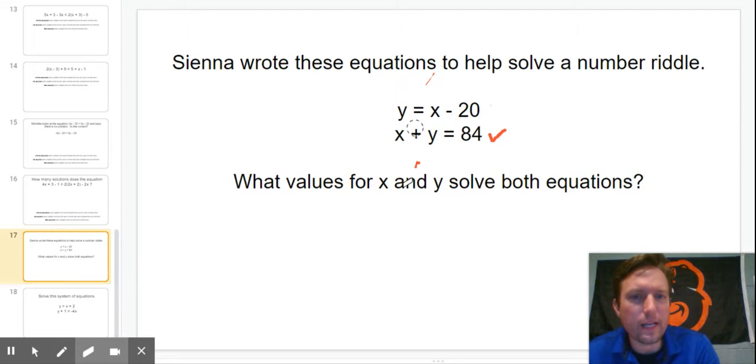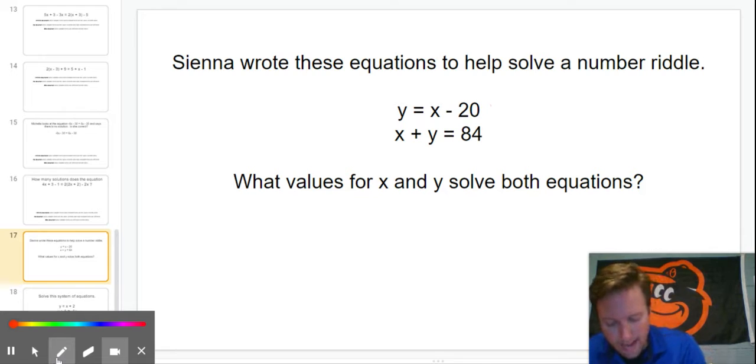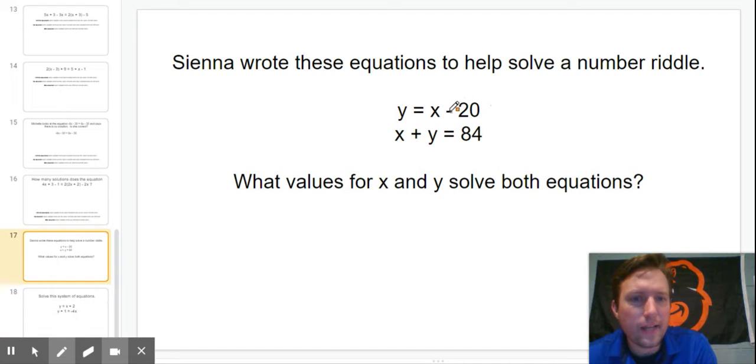Let's keep going and see if we can solve this by using guess and check. Now let's try 50 for x, but let's do it a little bit differently. Let's plug 50 for x up here, because we know that 50 minus 20 gives me 30. So that would be my value for y. Now let's plug that in down here to see if it satisfies the second equation.